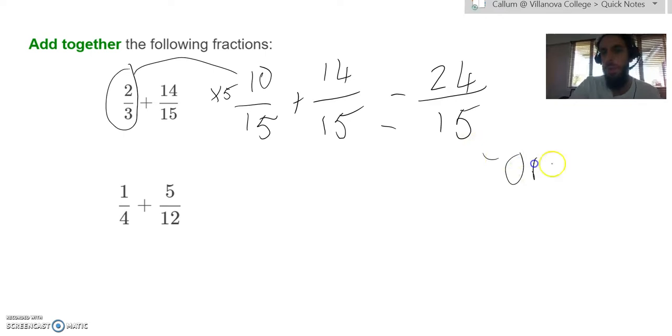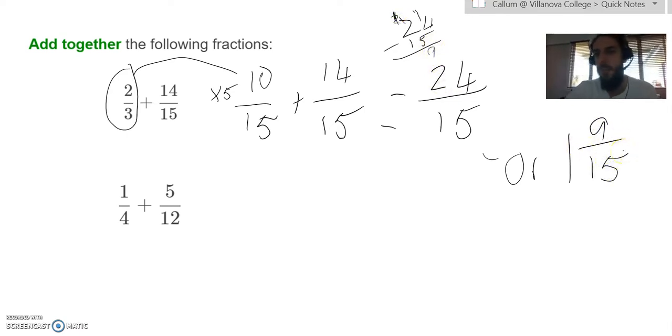Or I can write that as 1 whole and 24 take away 15 to work out the fraction that's left over. Can't do that. So I'll do 14. 14 take 5 is 9, or 1 whole and 9/15. Now, there's another bit on that question that says you need to give the fraction its simplest form as well.